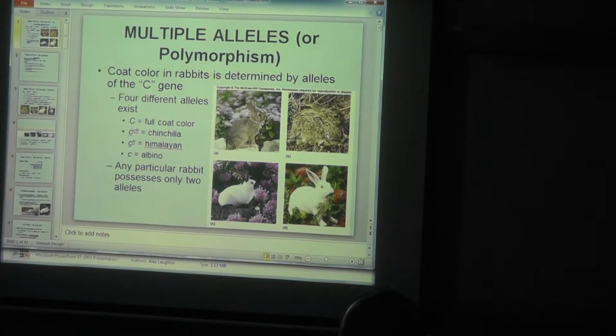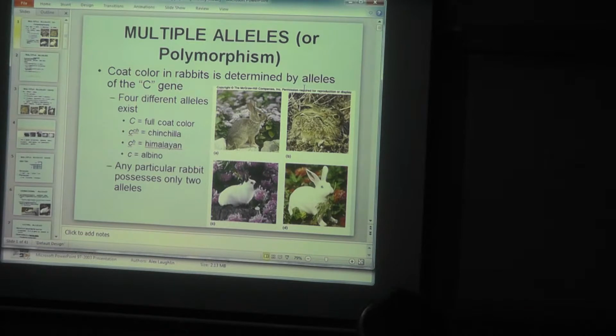Listed are 4 different allele genotypes, but how many genotypes can you get out of this combination? 16. Does everybody get why there will be 16? Yeah, 4 times 4. Each rabbit you can make has a Punnett square with the different rabbits. Exactly. 16. Good job.